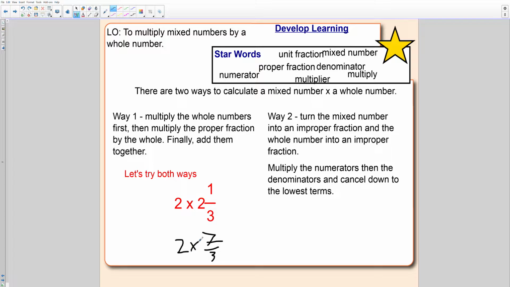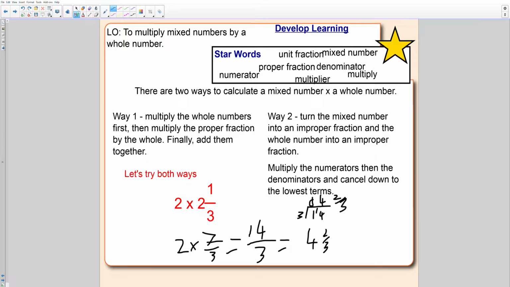And then you say 2 times 7/3, that's going to be 14/3. And 14/3 is the same as 14 divided by 3. Carry the 1, you get a 4, you get a remainder of 2, or in this case 2 divided by 3. 4 and 2/3.